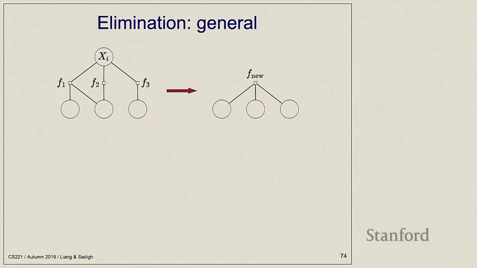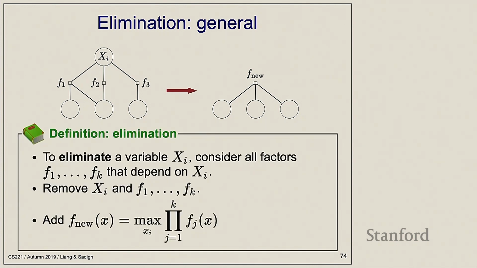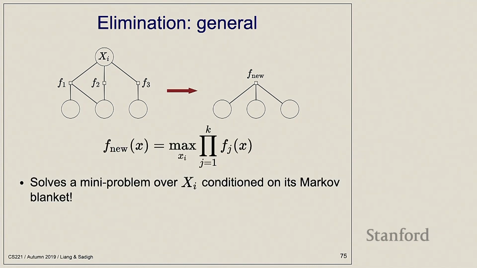In general, what this looks like is you rip the node out of the graph, you take all the factors that used to touch it, and you tie them all together into one big factor. And again, that's kind of the mathematical notation. There's another way of interpreting this that might be helpful to some people.